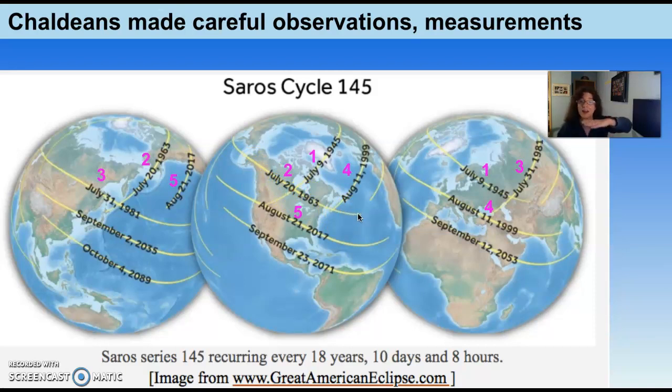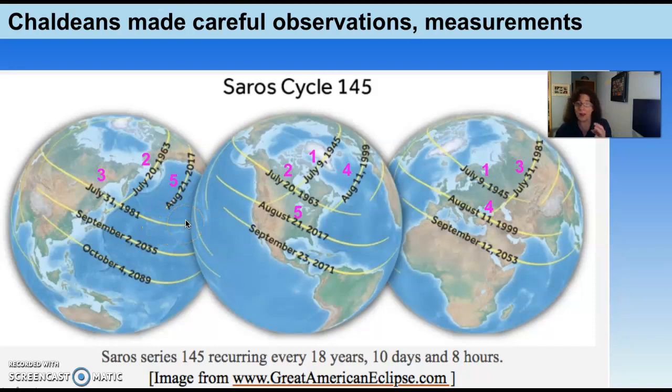Then it shifted another 120 degrees, and then that same eclipse started around the Mediterranean, went up over Siberia, and came back around to Japan.